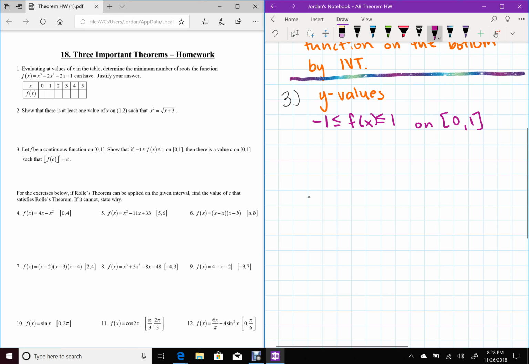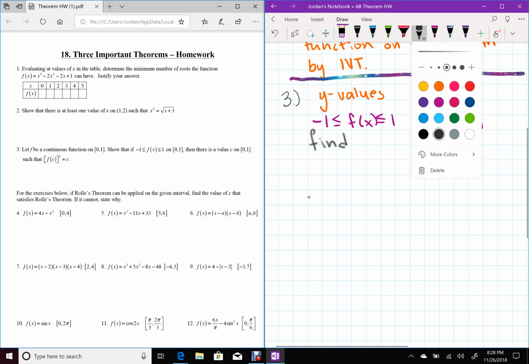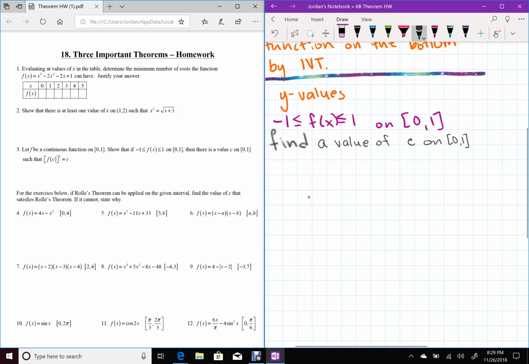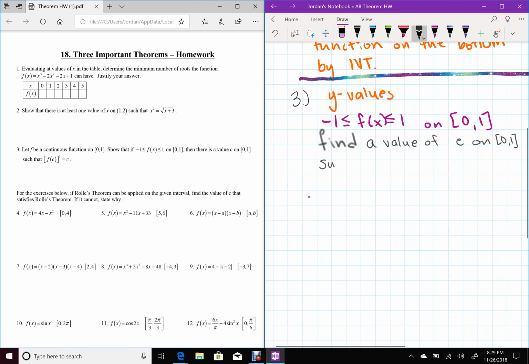We wanted to find a value of c on the same interval such that f of c squared would equal c.